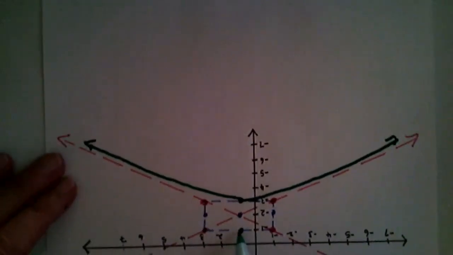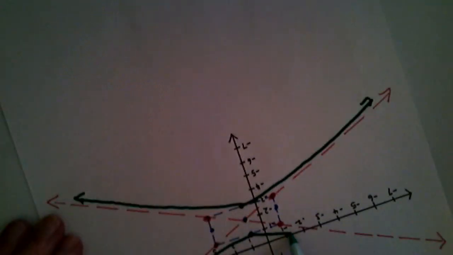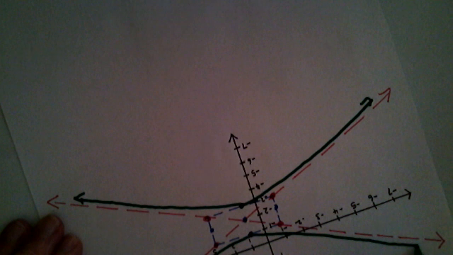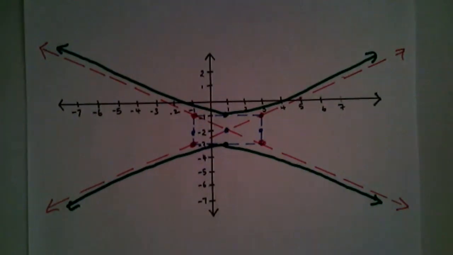And when we do the parabola, sometimes we find points, but with the hyperbola, once you've got the asymptote, then that's all you need to do for the time being. Okay, so there is our hyperbola.